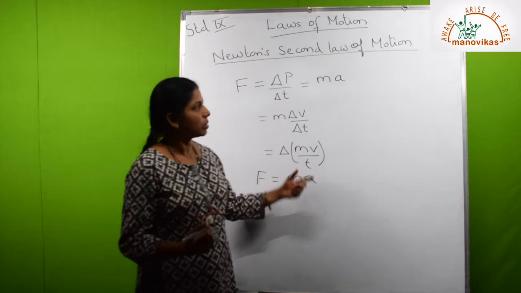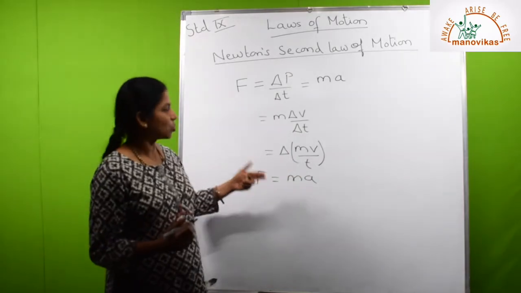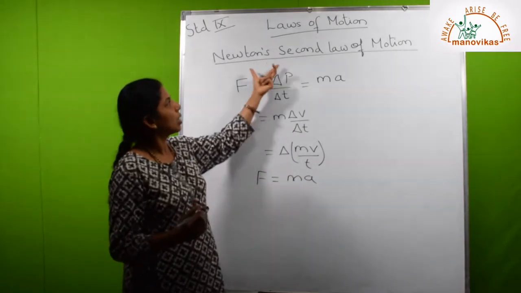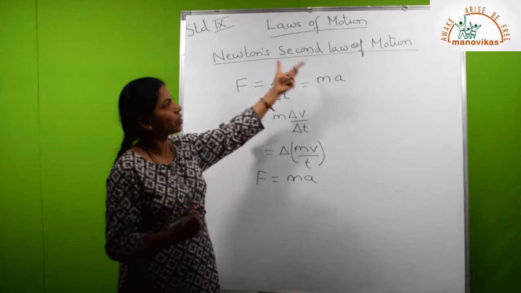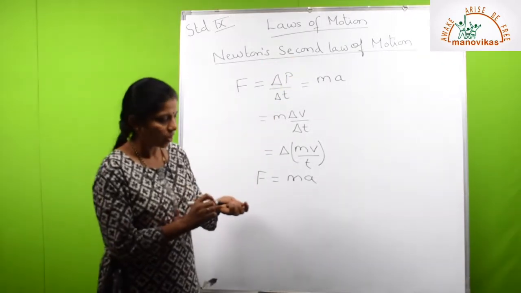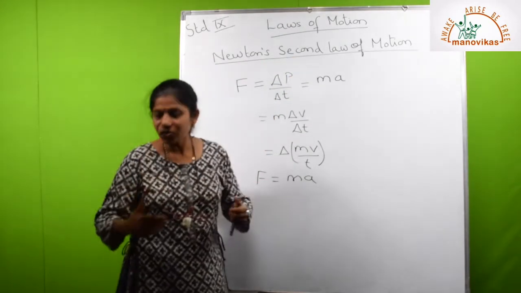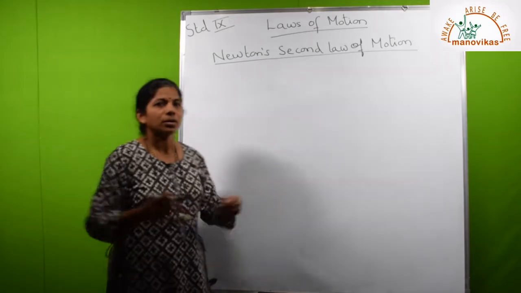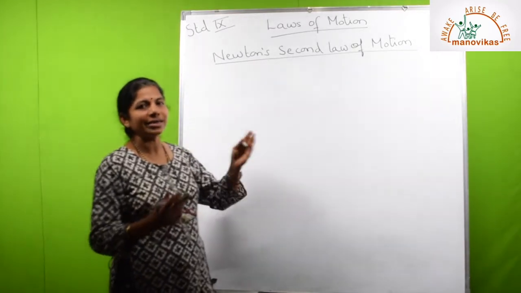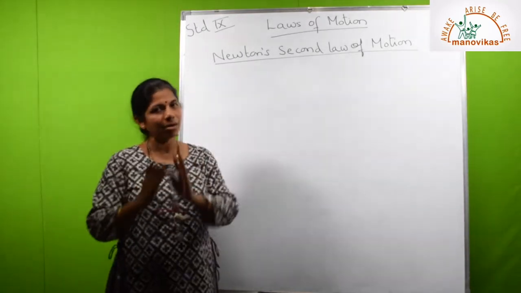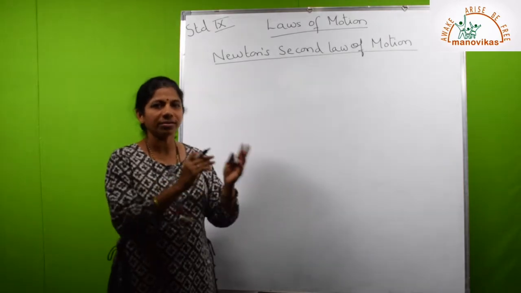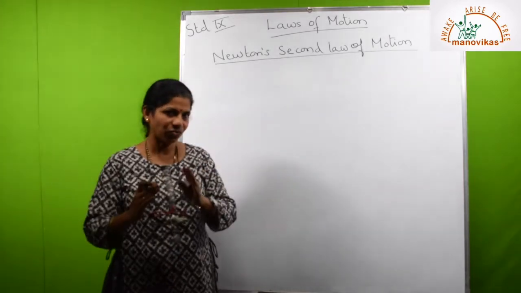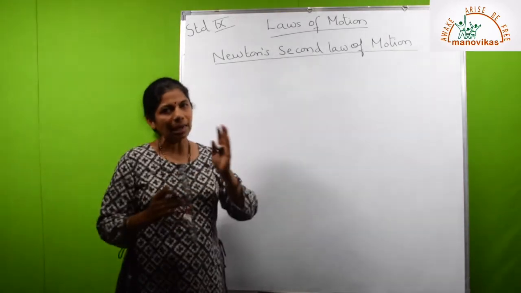So now in the next step I'm going to explain how you derive Newton's second law of motion in terms of rate of change of momentum. Now we'll see the relation between acceleration and force and mass.